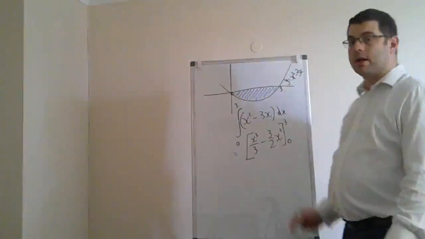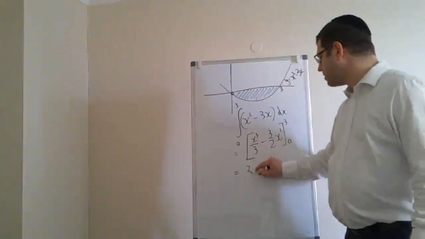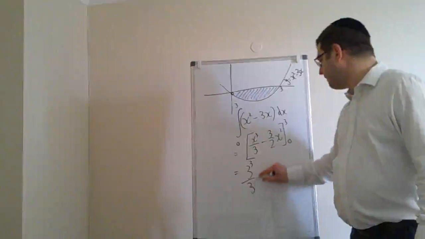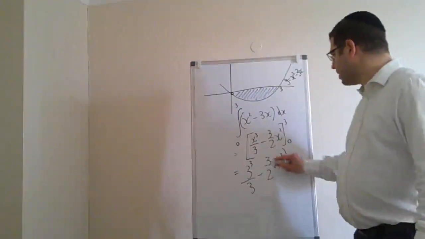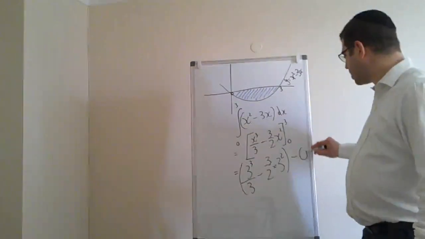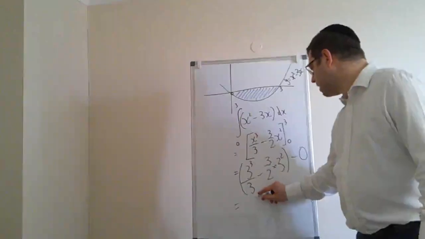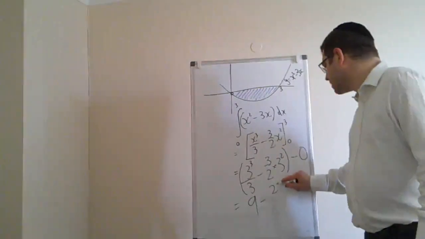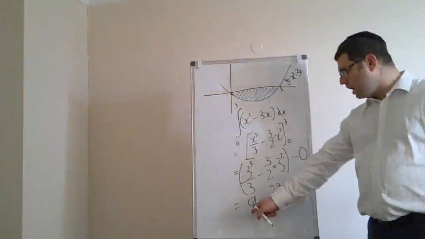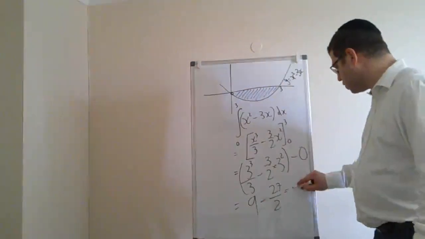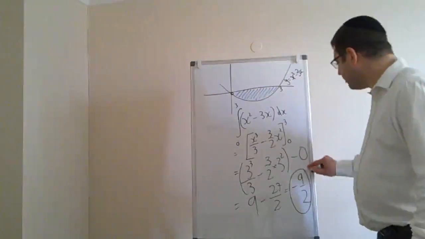Let's insert 3 like last time, and insert 0 and subtract, and you'll get 3 cubed over 3 minus 3 over 2 multiplied by 3 squared, subtract 0, because you get 0 in both terms, and you get 9 minus 27 over 2. However, if you work out 9 minus 27 over 2, you get a result of minus 9 over 2.